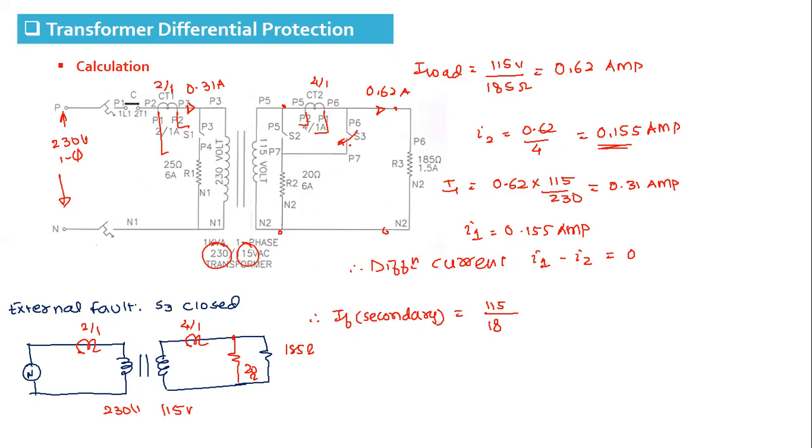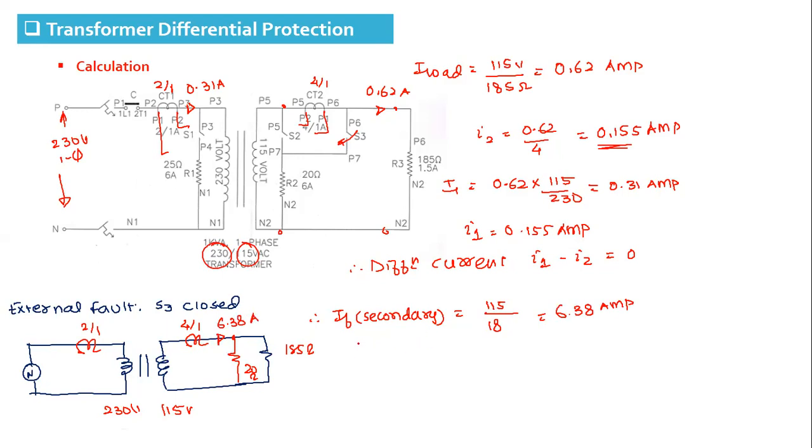Or what you can do, it is in parallel, so you can simply add both 115 by 20 and 115 by 185. Both are in parallel, so voltage remains the same. That is also another way. So the total current here will be 6.38 ampere. This total current is 6.38 ampere.